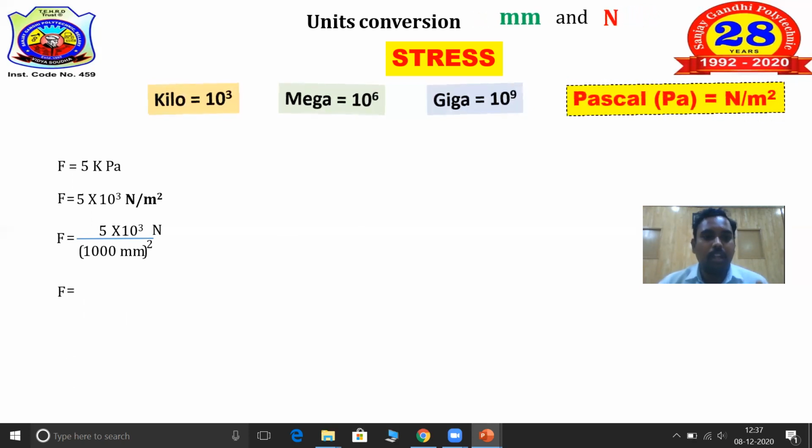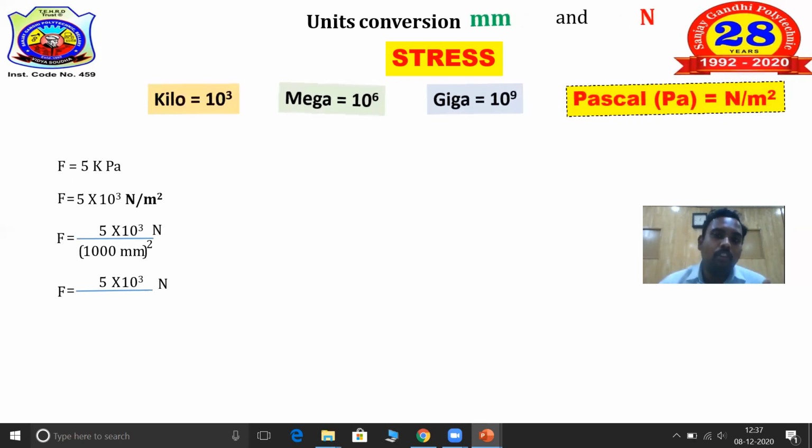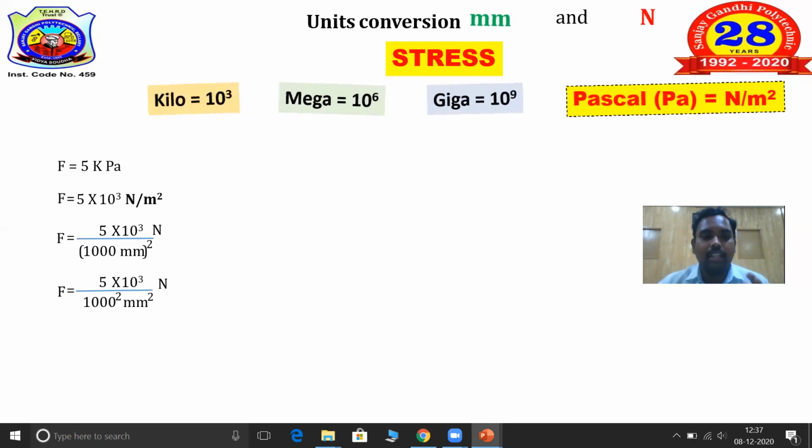F is equal to 5 into 10 power 3 as it is, and I'll write Newton as it is, divided by as it is. I'll remove the brackets. Once I remove the brackets, the square will apply to both 1000 and mm, so I'll write 1000 square and mm square. Next, I will take Newton per mm square separately.